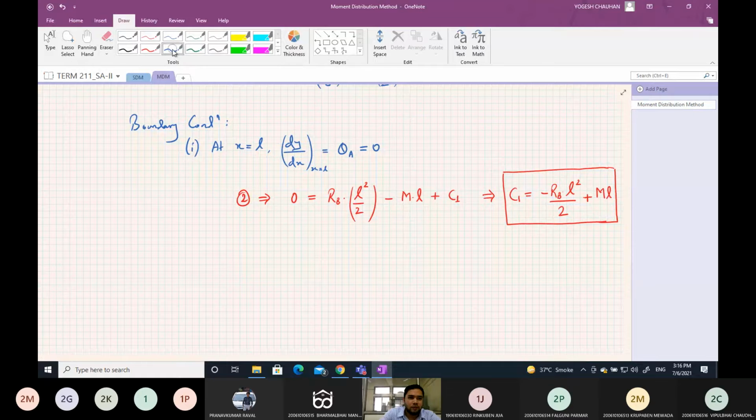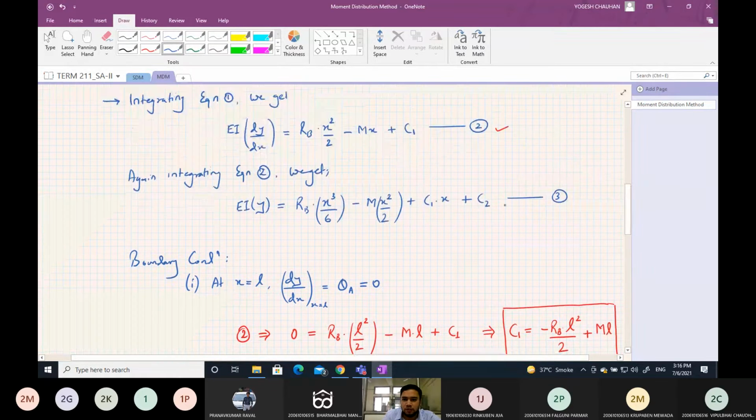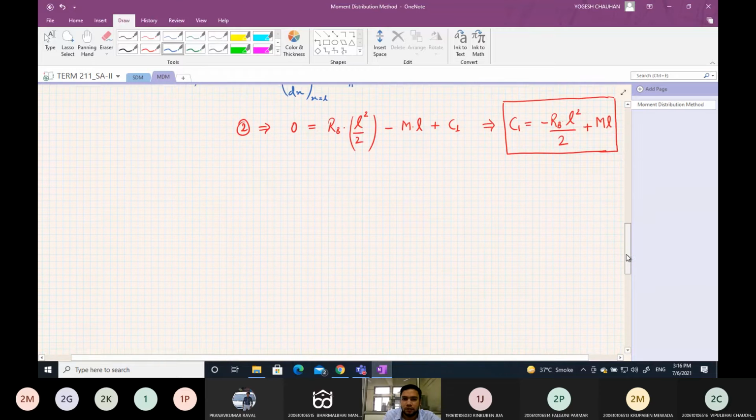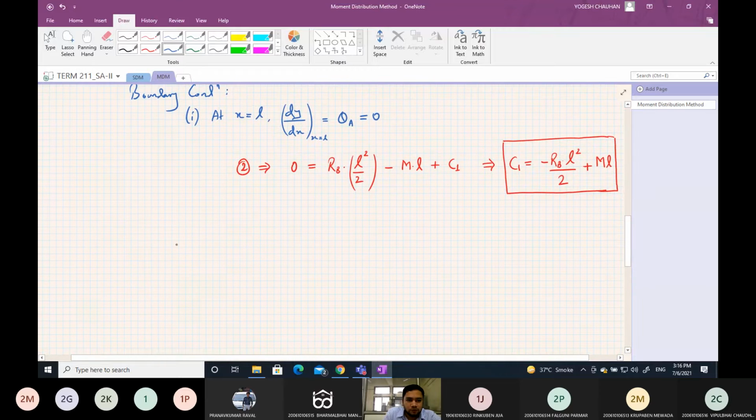Now we apply the second boundary condition. Since we have two unknowns C1 and C2, we have to apply two boundary conditions to get these unknowns.